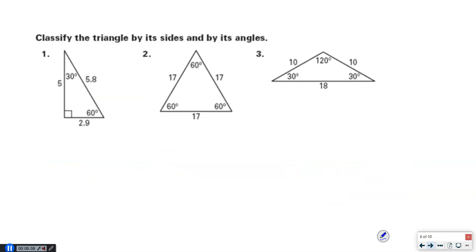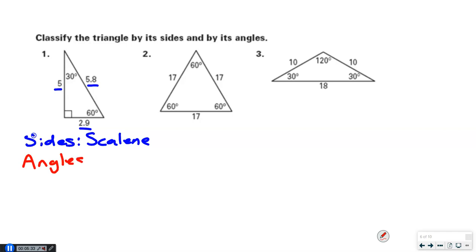Continuing on, classifying by sides and angles. Here we've got sides of 5, 2.9, 5.8. So that is scalene. They're all different. Then our angles have an angle of 30, 60, and 90.